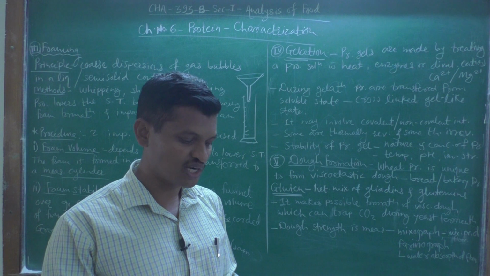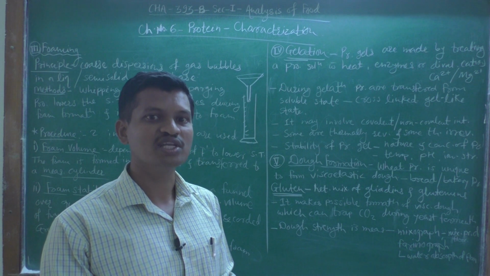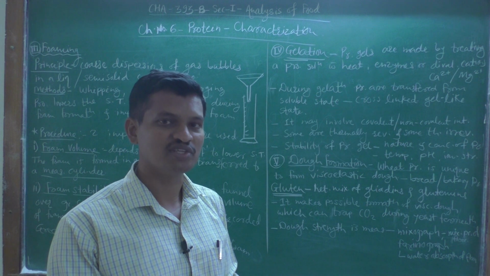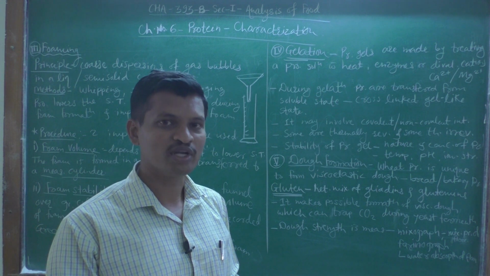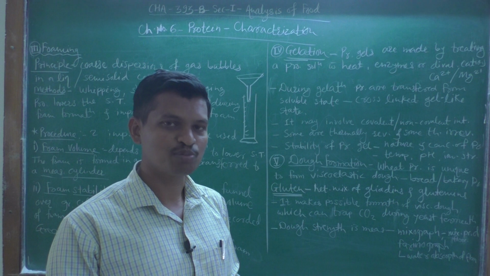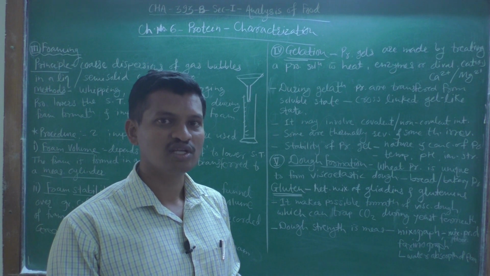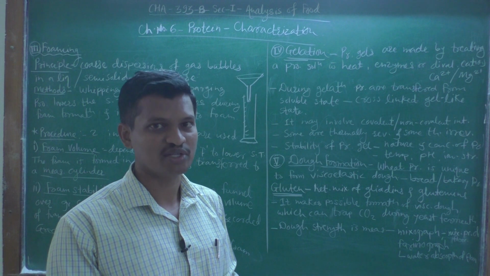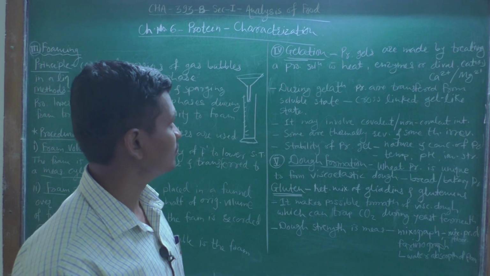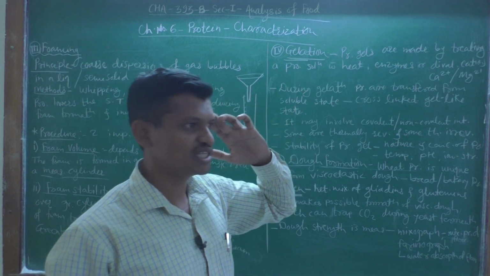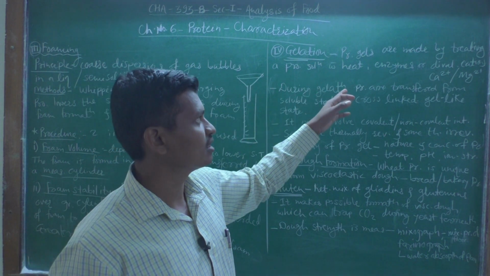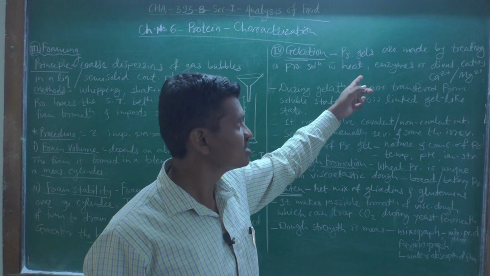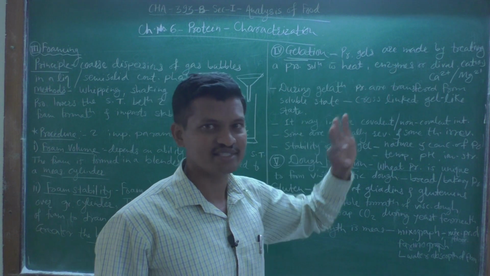One is the continuous phase, which is in larger volume, and the other is the discontinuous or dispersed phase, which is in lower volume. And protein gels are formed by treating a protein solution with either heat, enzymes or divalent cations.